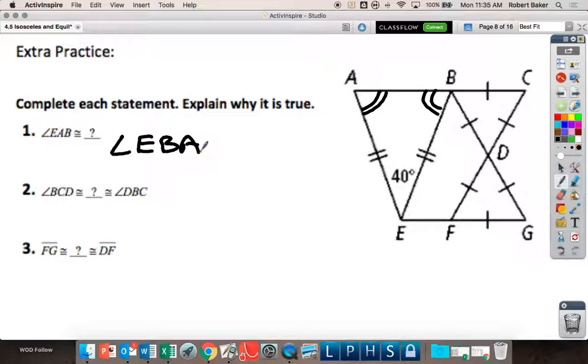Alright, what about angle BCD, angle something, and angle DBC are congruent? BDC. So angle BCD, that's this angle right here. We have angle DBC, that's this angle right here. And they are all congruent to which angle?